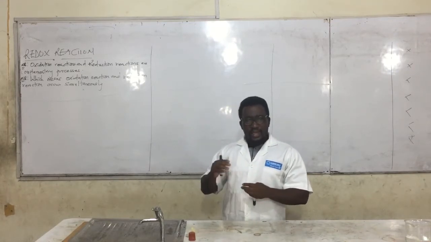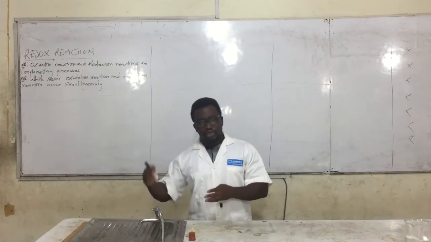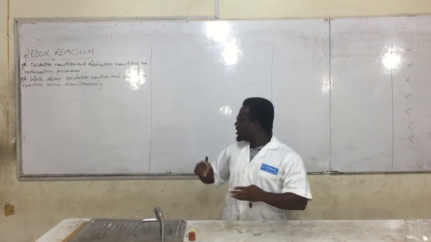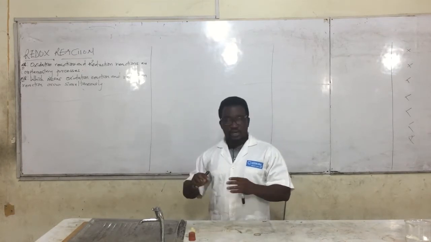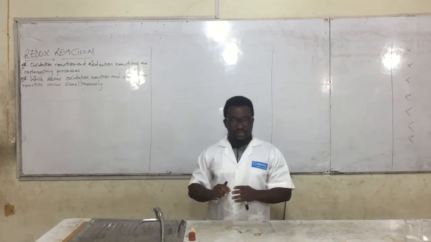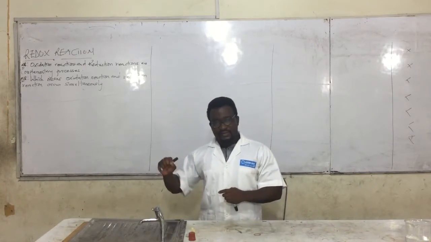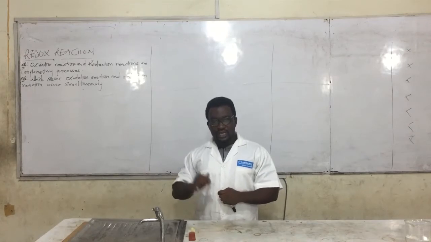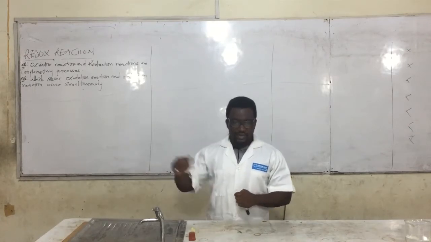Therefore, it is the total change. So when oxidation reaction and reduction reaction occur simultaneously, it is the effect or the result of the total change that we refer to as redox.